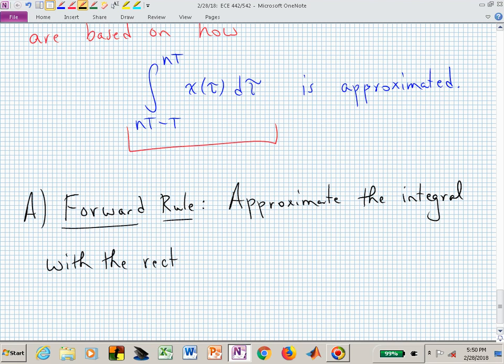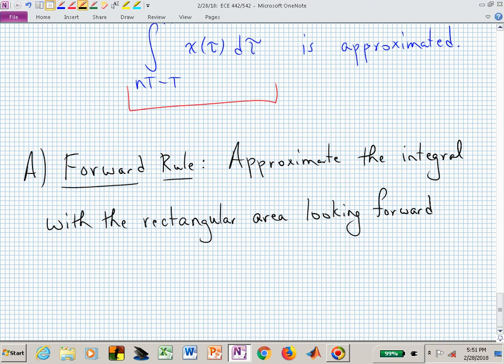Let me see if I can state that. Approximate the integral with the rectangular area looking forward from x of n minus 1 T.